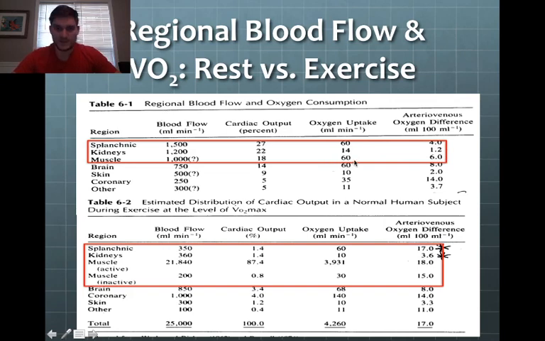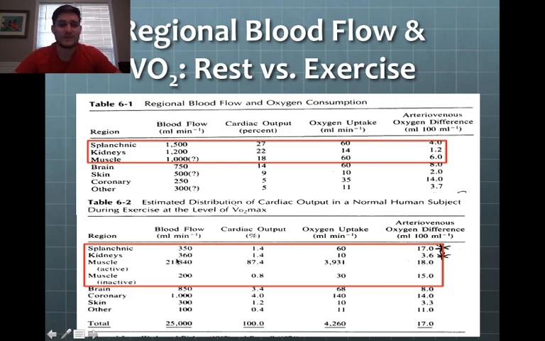So now what's going to happen is that this is at rest. And so during exercise, it's going to change. The oxygen uptake is, of course, going to change for the skeletal muscle because obviously it's working harder. It has an increased metabolism, so it needs to take in more oxygen. But these demands for the splanchnic and the kidneys are going to remain the same.